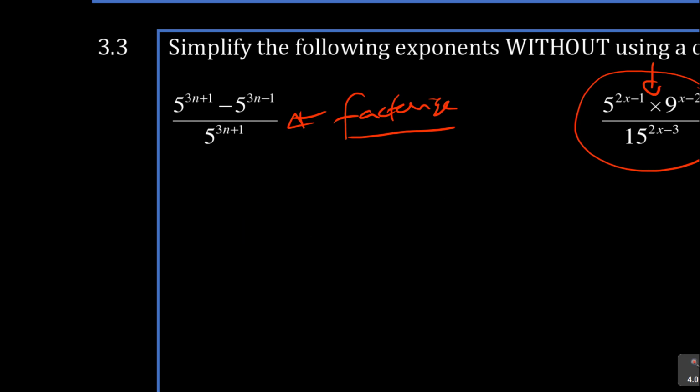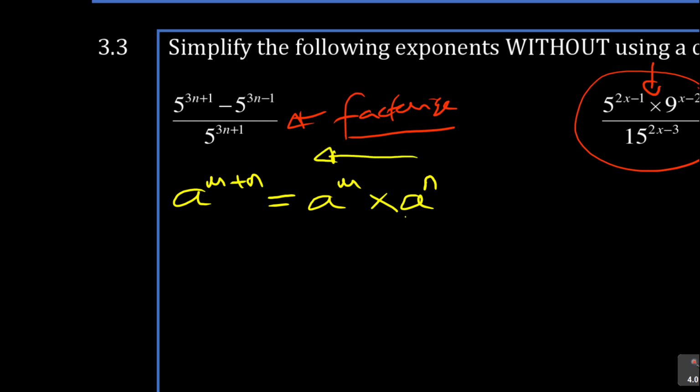If you are given a to the power of m plus n, you're going backwards now, it is equal to a to the power of m times a to the power of n. That is the previous rule. We were reading it in this direction, where it was the same base, I add the exponents.